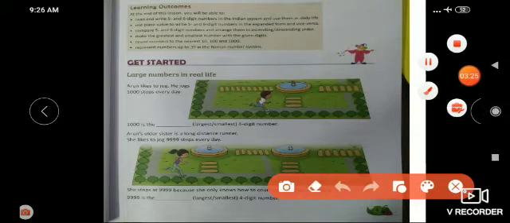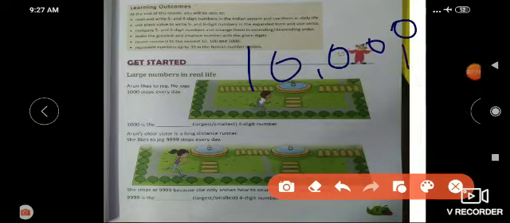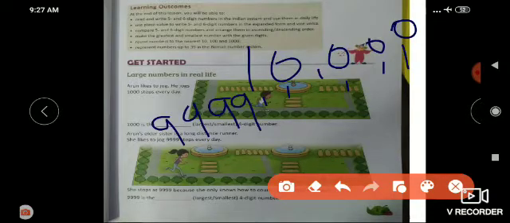It is a 5-digit number. 1, 2, 3, 4, 5. So 9,999 is a 4-digit number. After that we get 5-digit numbers. So 4-digit numbers end at 9,999.